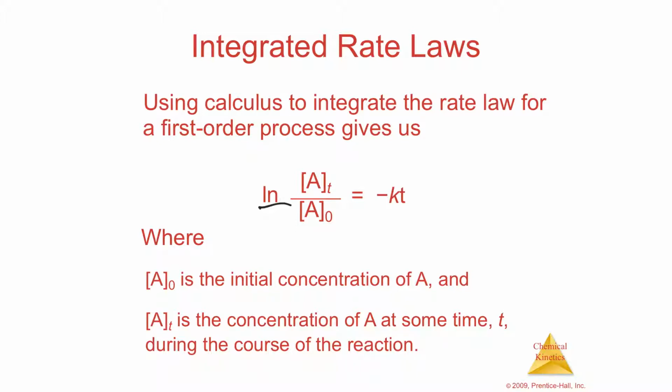It's not in base 10, it's in a different base. Don't worry about that. But you are going to relate two different concentrations. You are comparing the concentration at any time, no matter what time you pick, to the initial concentration. How much of that original concentration is left at any one time?